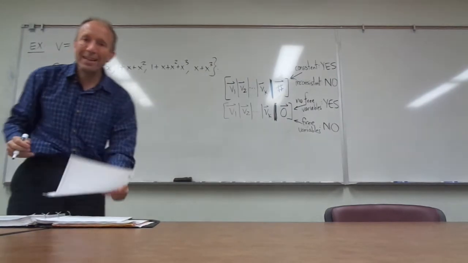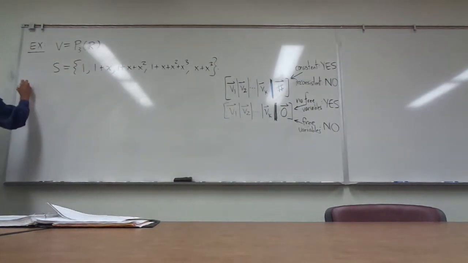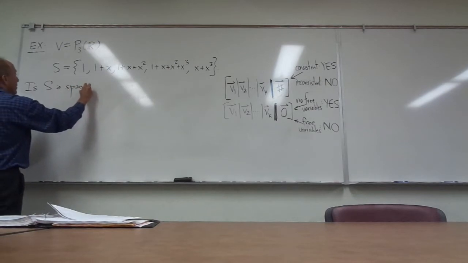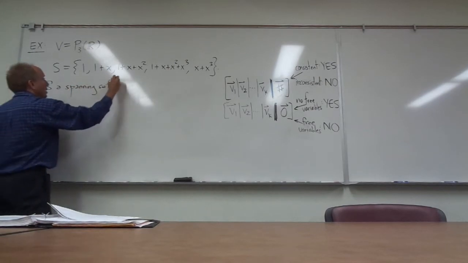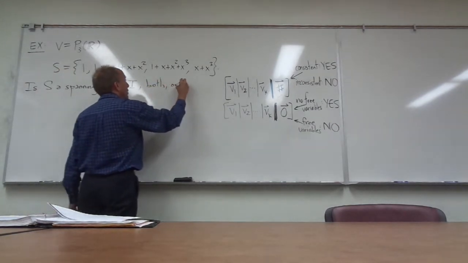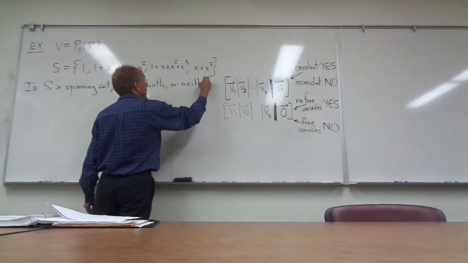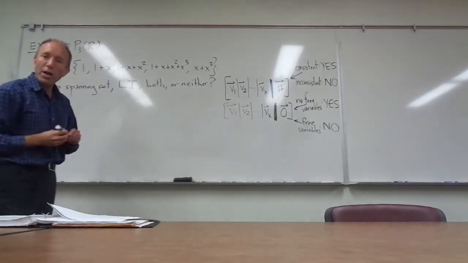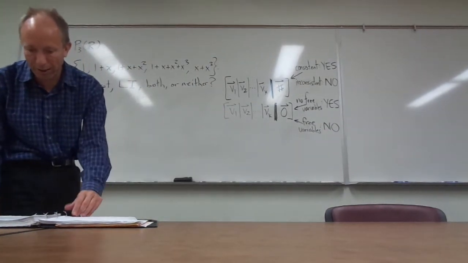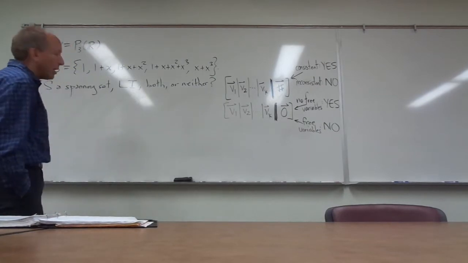Okay? And let's try to answer the question, is S a spanning set, LI, both, or neither? So let's try this example. This is a great classic example that we can try to get the idea behind this.